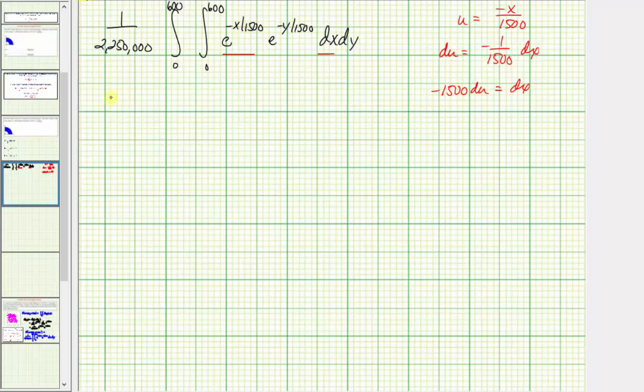So that would give us negative 1,500 divided by 2,250,000 times the integral from 0 to 600 of, the antiderivative is going to be e to the u, which is really e to the negative x divided by 1,500, and we're treating y as a constant.